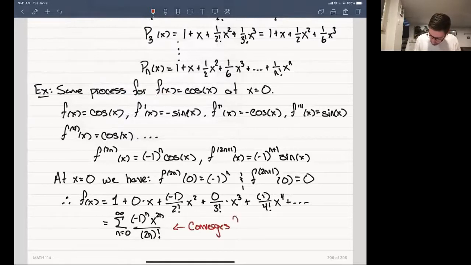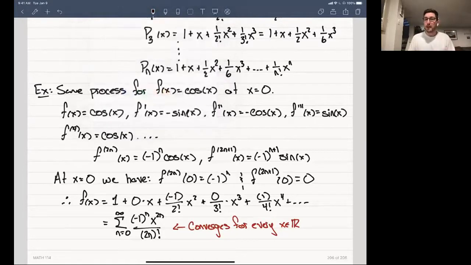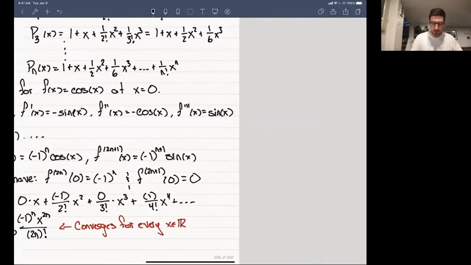So it converges for every x in R. You can check that using the ratio test. It's a really nice application of the ratio test, and you're going to see that this thing converges to cos of x for every single x. So you can approximate the cosine function using these Taylor polynomials.